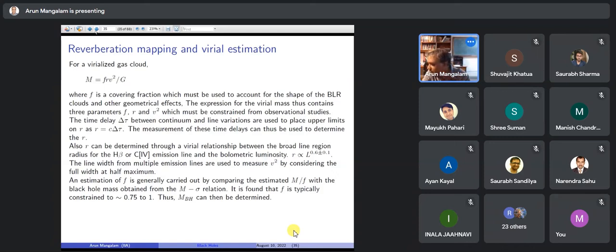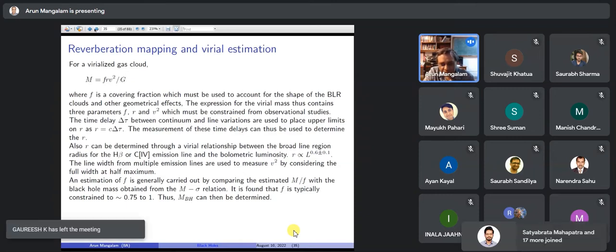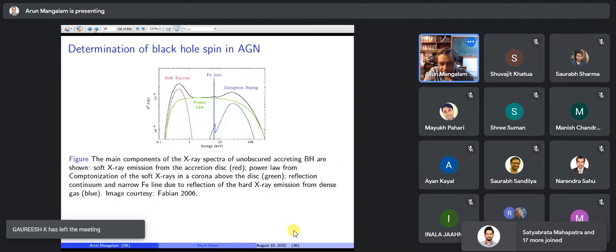You measure the thickness of the line, the thickness of the broad line would give you the measurement of the velocity squared, and also the line width would give you the velocity, and using the velocity you can then estimate from the random motions the mass. So again, same relation. So this kind of thing is useful to measure the mass of the black hole.